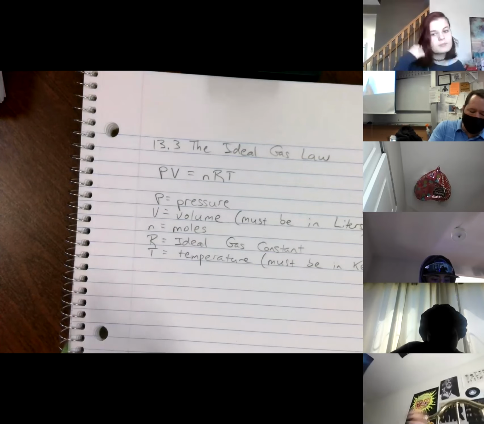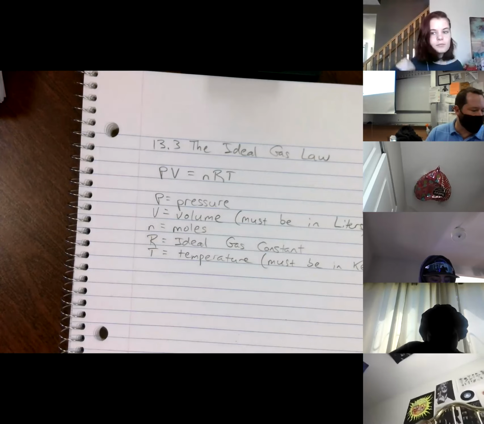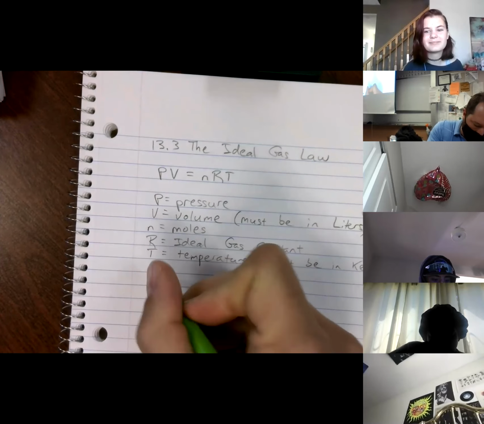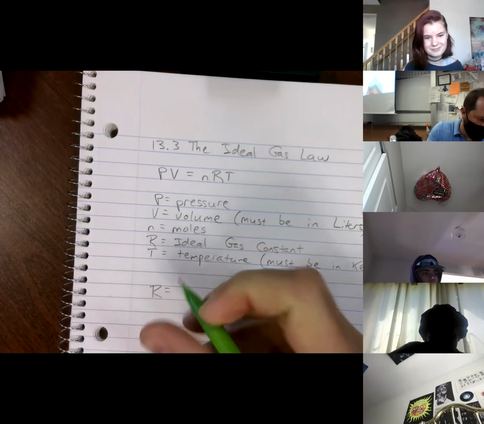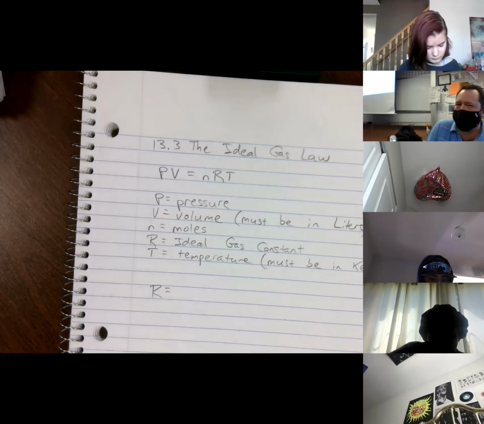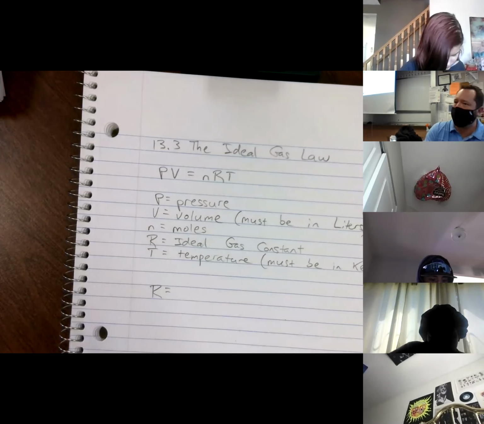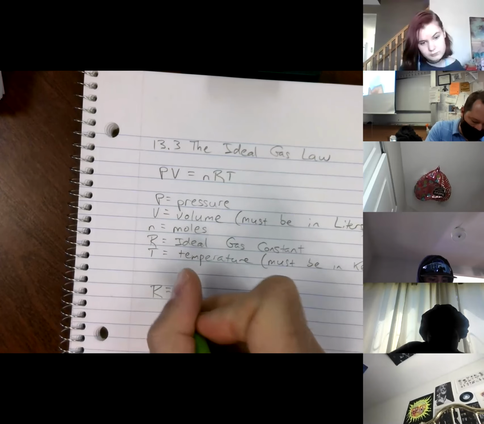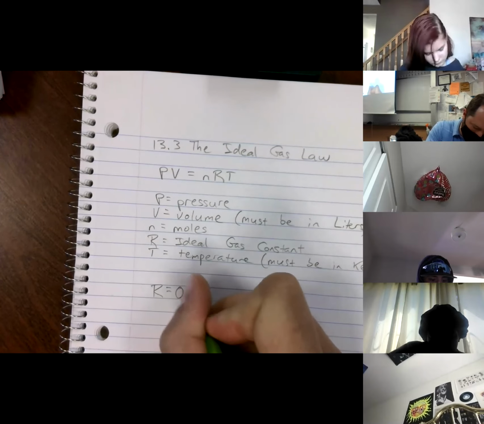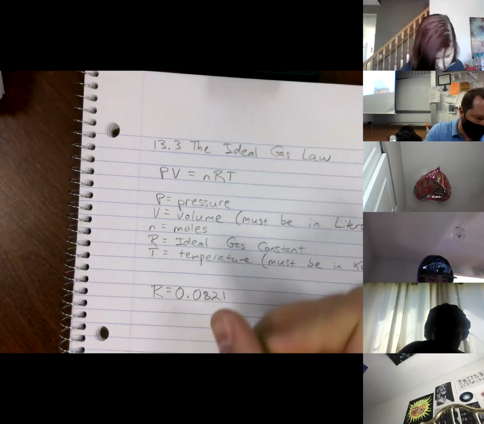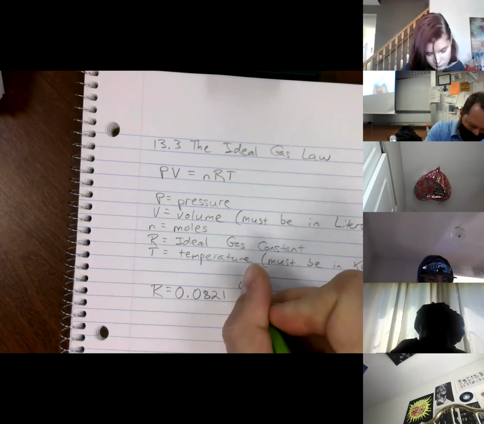All right, so there's the variables for PV = nRT, the ideal gas law. Here are the R values. So like I said, normally when we think of a constant, we think of a number that doesn't change. That's kind of true, except for the fact that we have multiple R values.